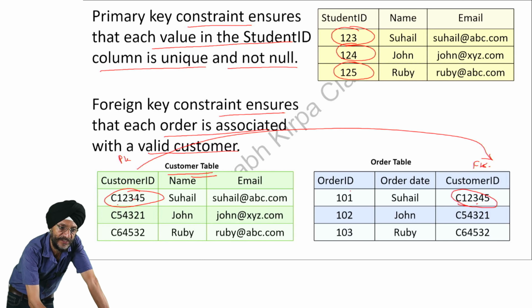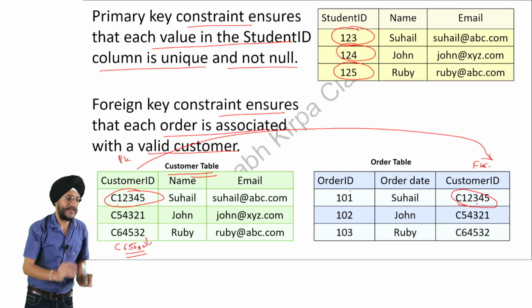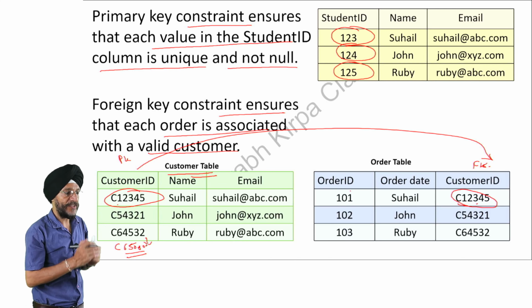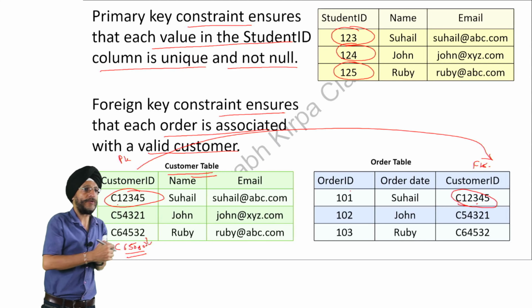This ID exists. If you say that there are customers only up to C65,000, up to this customer number, customers exist. Customers are on the roll of the particular organization.